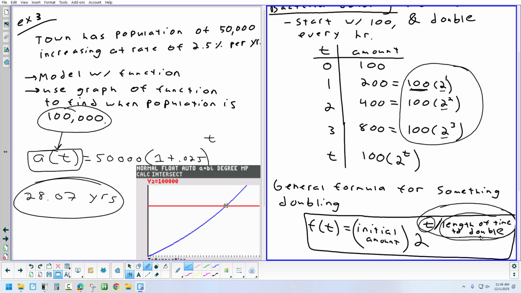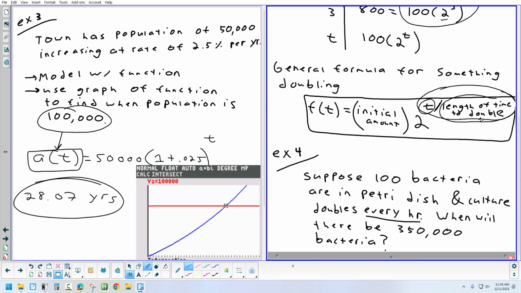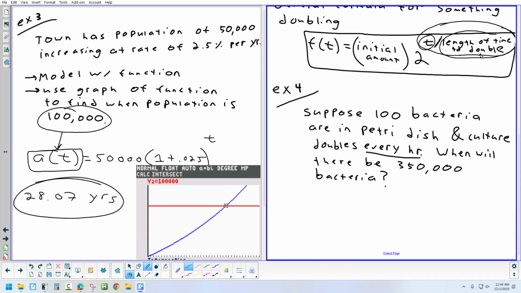Okay, so let's try that with this. Suppose that we have 100 bacteria doubling every hour. So this is exponential growth because it's doubling, but you don't have to worry about the 1 plus r. Anytime it's doubling, you always just put a 2 after the initial amount.